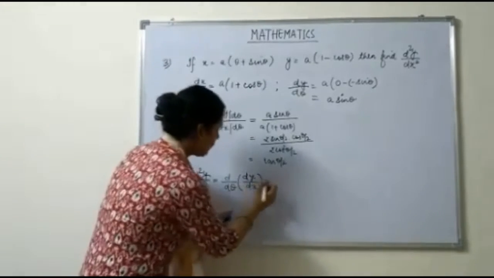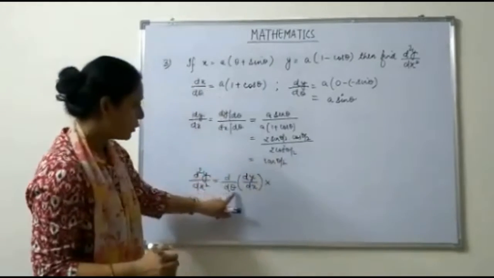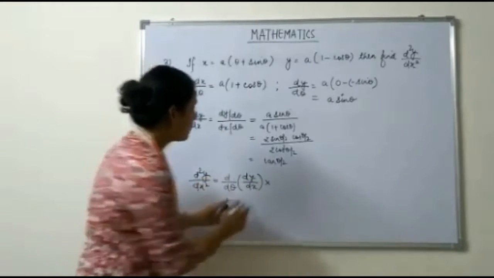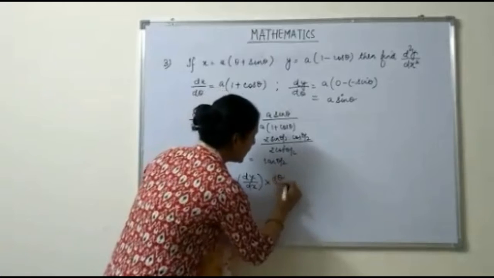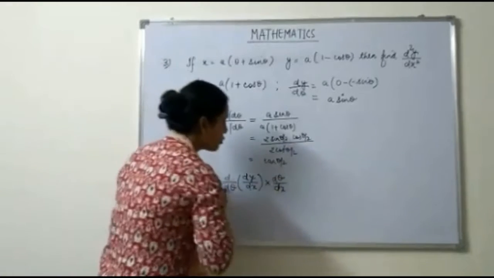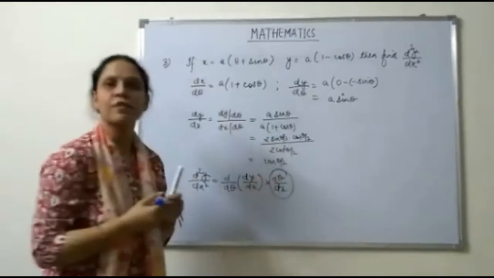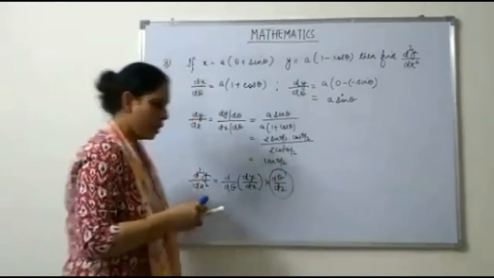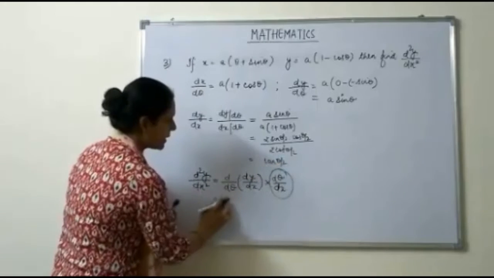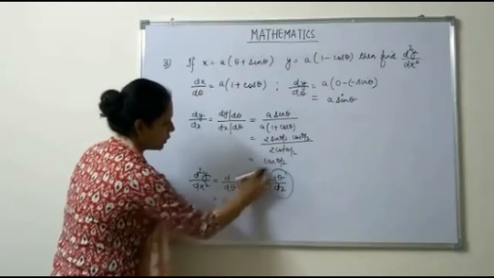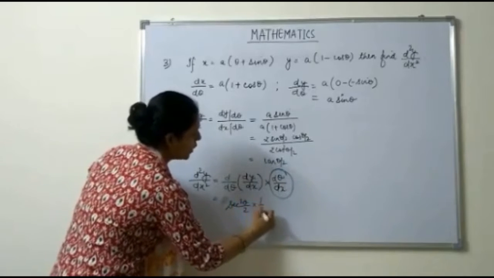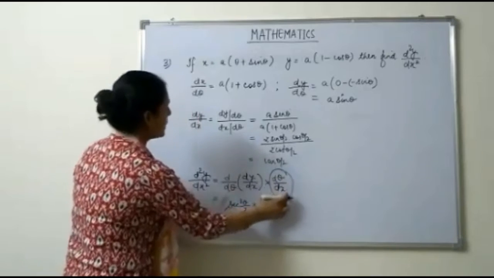You also have to find, since you have done it with respect to theta, but here we have to find with respect to x, therefore we will have to do d theta by dx, and this is the step which most of the students skip, and because of which the answer is wrong. So you'll put the values: d by d theta of dy by dx will be equal to sec square theta by 2 into half into d theta by dx.